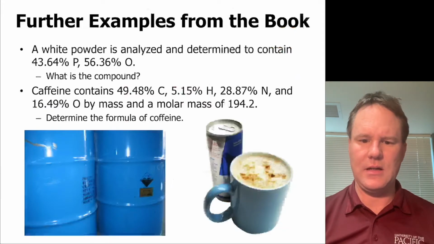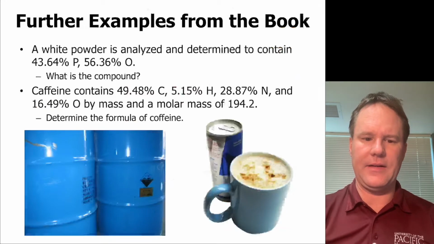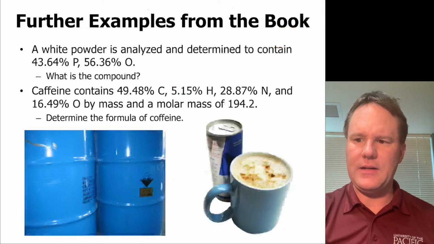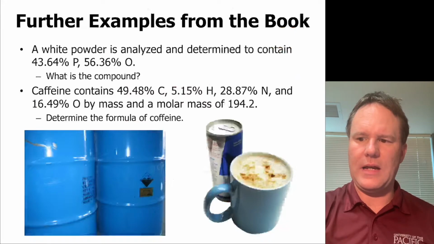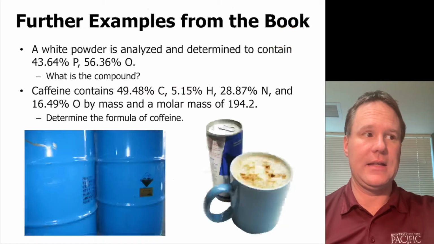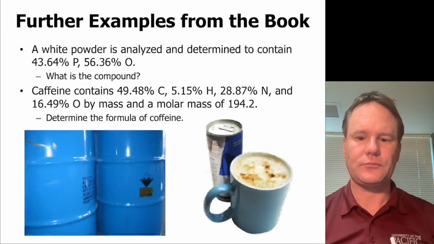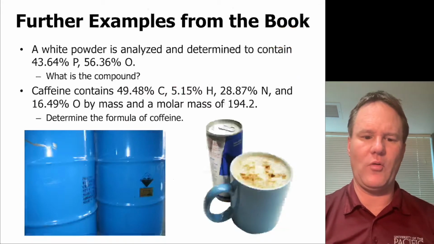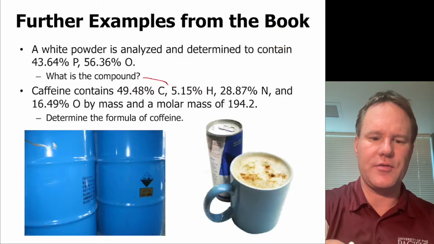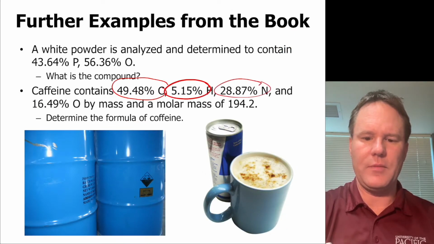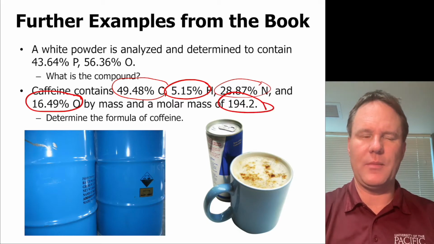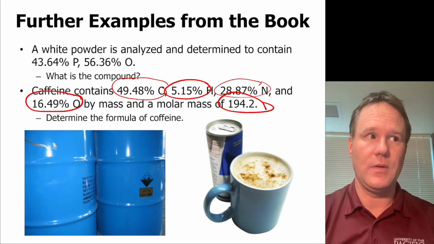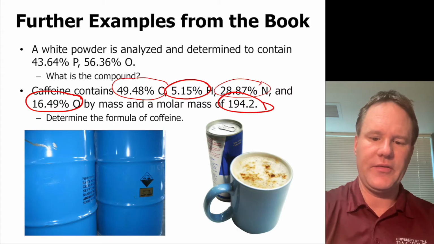We have 49.48% carbon, 5.15% hydrogen, 28.87% nitrogen, and 16.49% oxygen. So these are the 4 numbers. And then we also have a molar mass, and the molar mass is 194.2. So what would be the formula for caffeine?